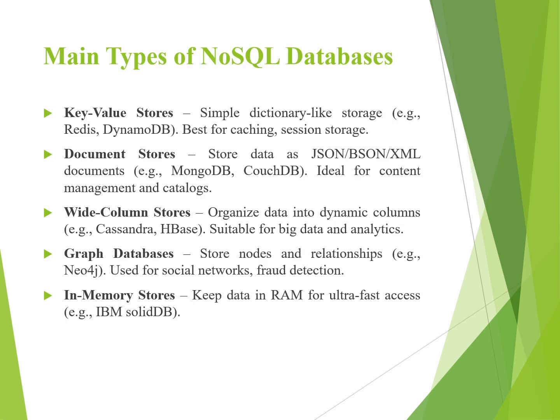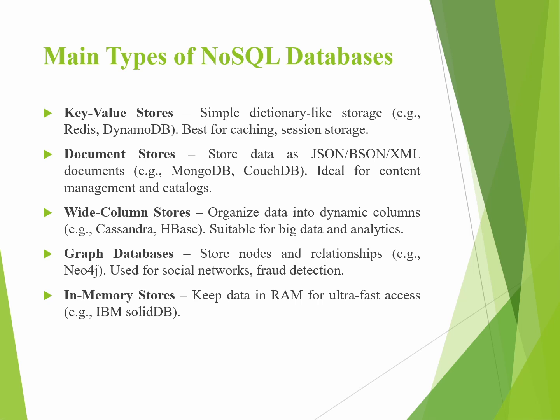Main types of NoSQL databases are key value stores, document stores, wide column stores, graph databases, and in-memory stores. Key value stores the data in the pair like key and value. And document stores use different document types to store the ideal content that is used for management and catalogs.